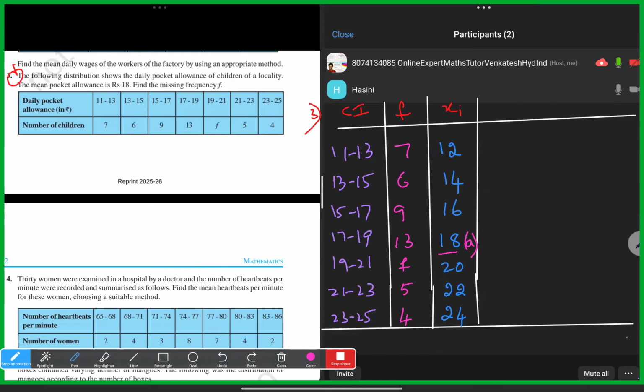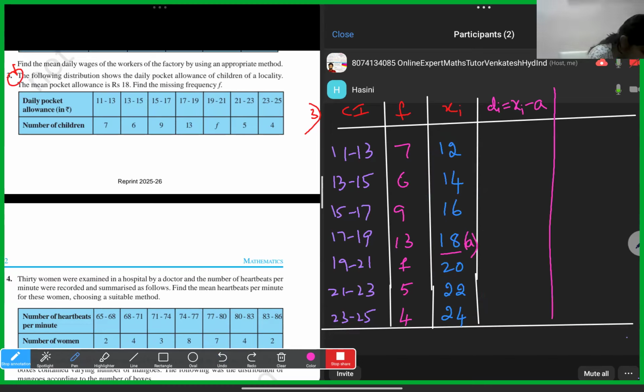I'm underlining that, or we can simply keep that as a. Now we'll do di is equal to xi minus a.